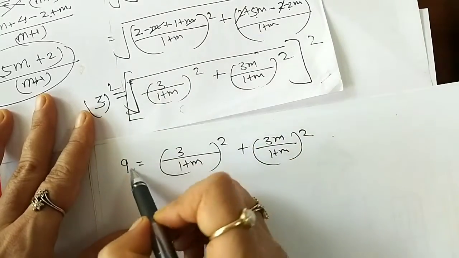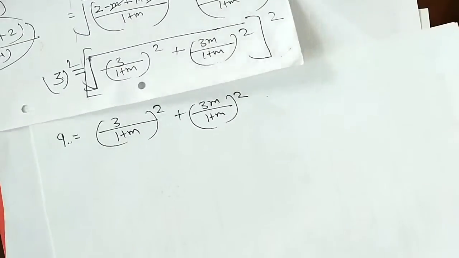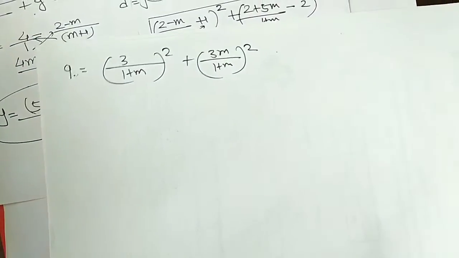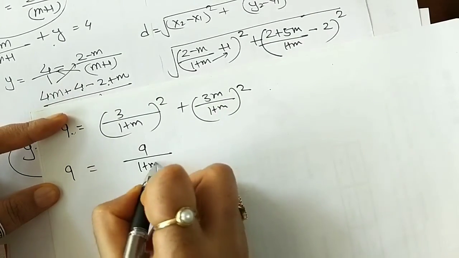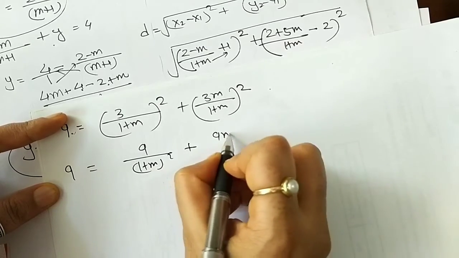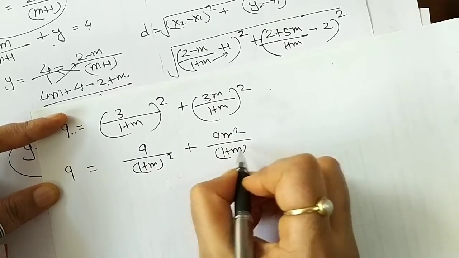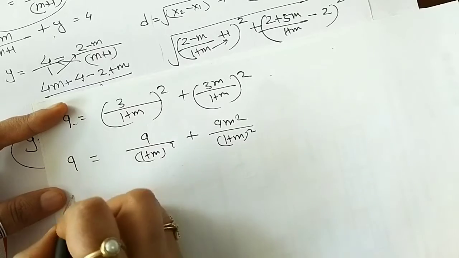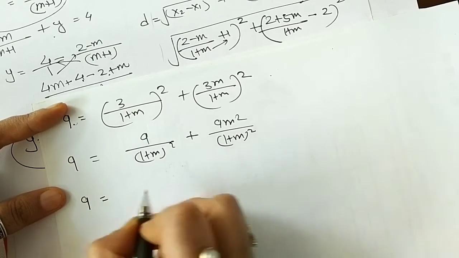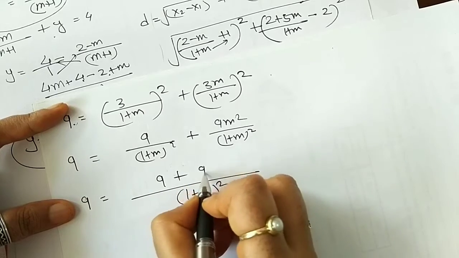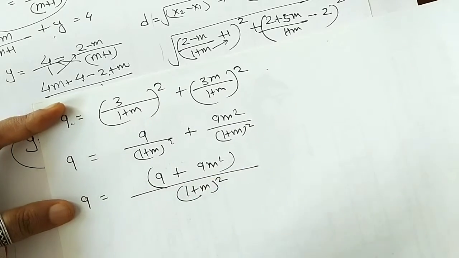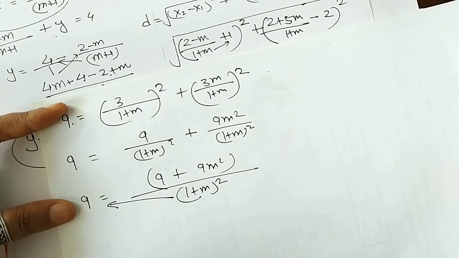So 3 became 9 and this root is gone. So 9 is 9/(1 + m) square plus 9m square/(1 + m) square. So 9 is equal to, with (1 + m) whole square as the LCM, 9 plus 9m square, so this will go here.